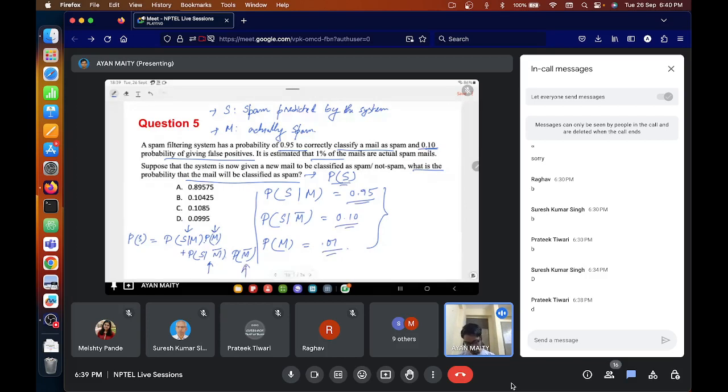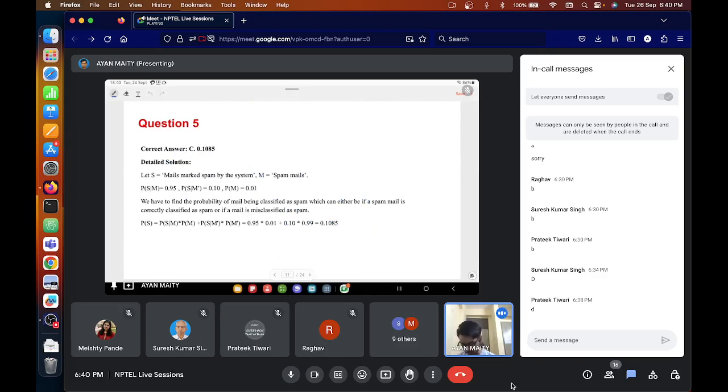Probability of M complement is 1 minus probability of M, which is 1 minus 0.01, which is 0.99. So all the values are already given. If we plug these values into this formula, we will get option C, 0.1085.